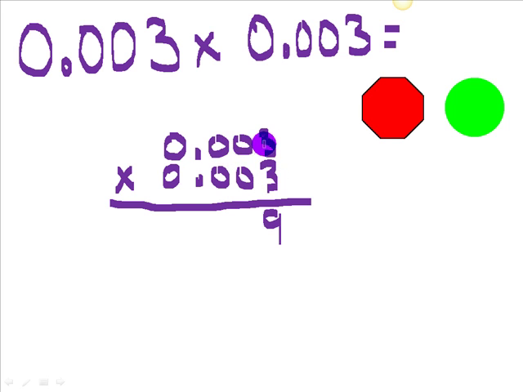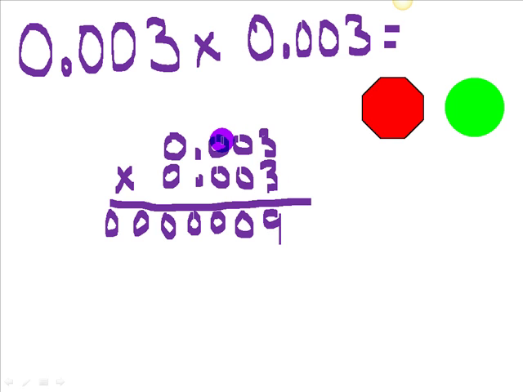So I have 1, 2, 3, 4, 5, 6 zeros that are to the right of the decimal. I can come in and I can add 1, 2, 3, 4, 5, 6. And I said that incorrectly a moment ago. I said I'll have 6 zeros. No, one of them will be the number 9.